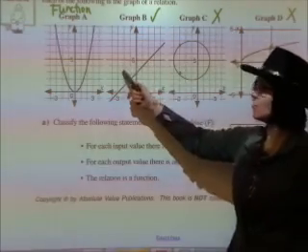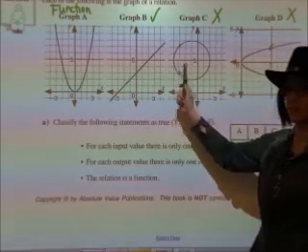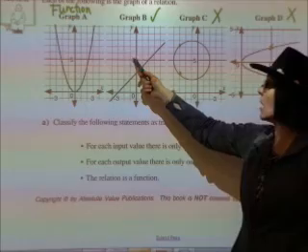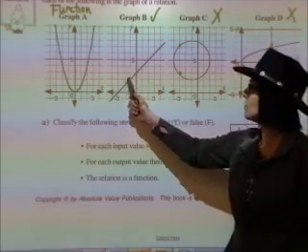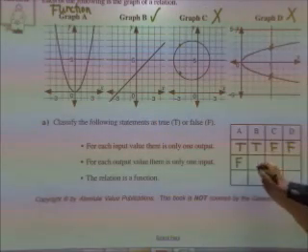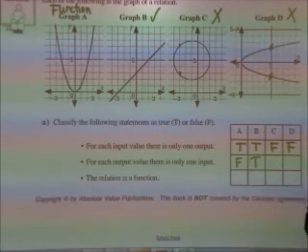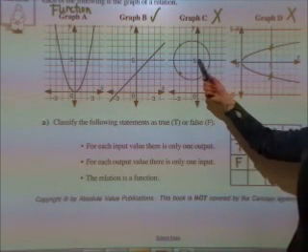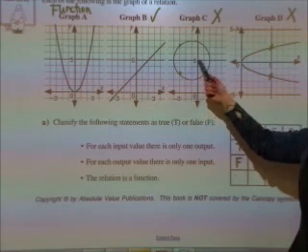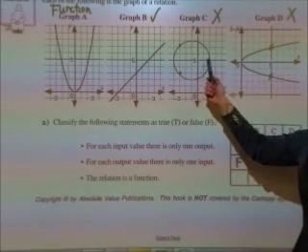Is this one true? Yes, because an output of 5 only gave me 1 input. An output of 2, only 1 input. So this one's true. What about C? If I have an output of 5, how many inputs did I have? 2.